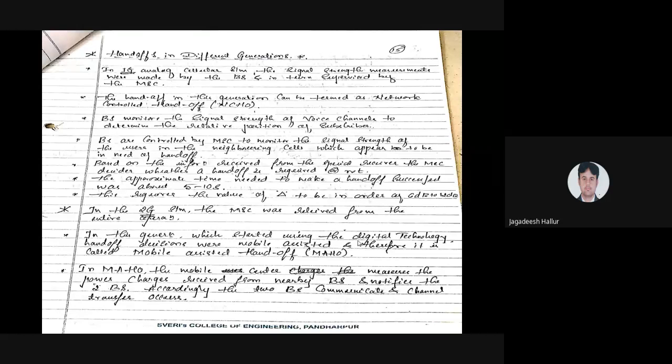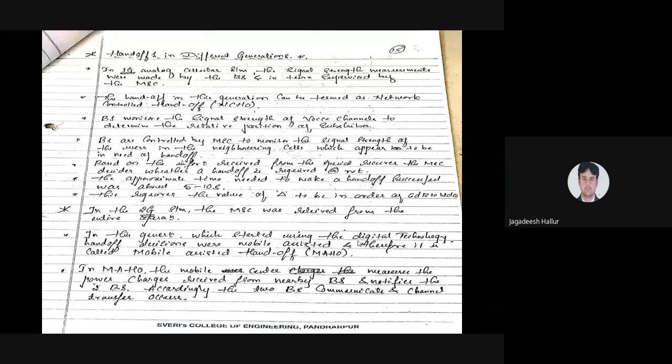The first generation, 1G, is also called a network controlled handoff. Network controlled handoff means you are using the Nokia set previously, and everything has to be controlled by the network, that is, the switching center.